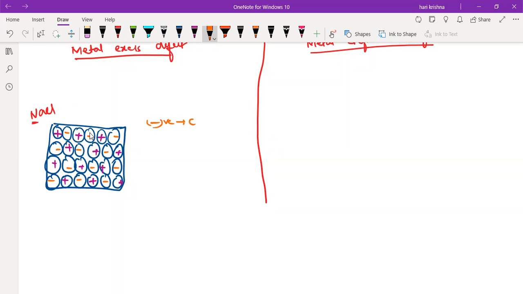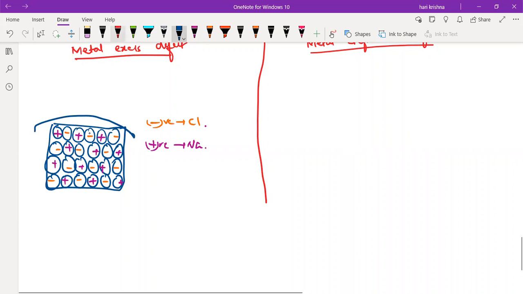Negative is nothing but the Cl and the positive is the Na atoms. Now above this crystal, we'll take only the sodium part.